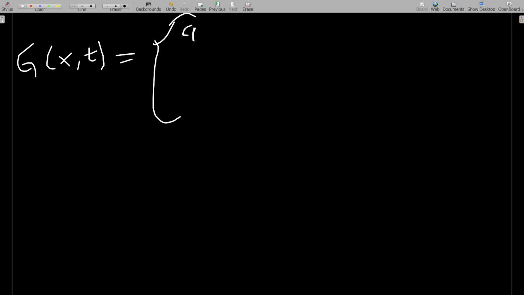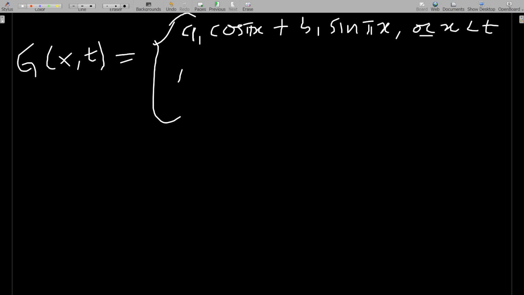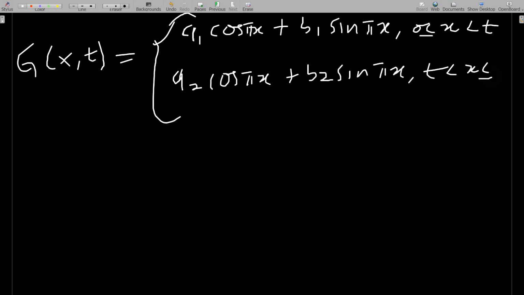The Green's function g of x,t we said is equal to a1 cos pi x plus b1 sine pi x, in the limit 0 less than or equal to x less than t, and then a2 cos pi x plus b2 sine pi x, for t less than x less than or equal to 1. So this is actually what we wrote.